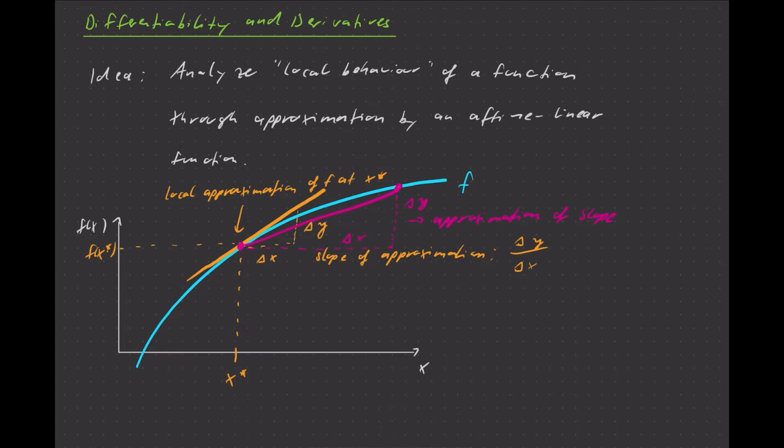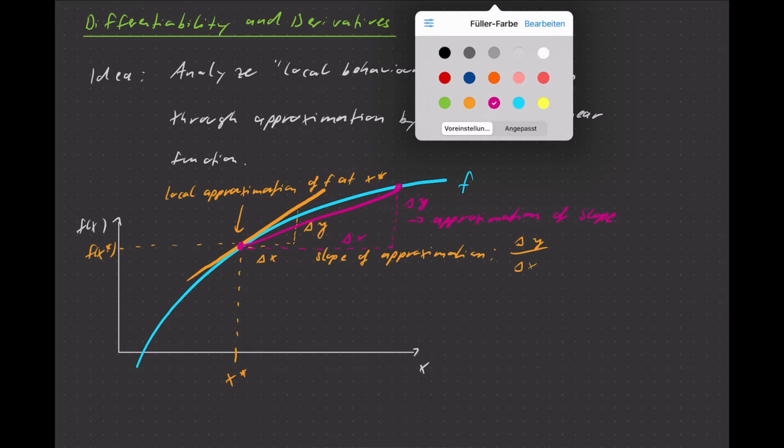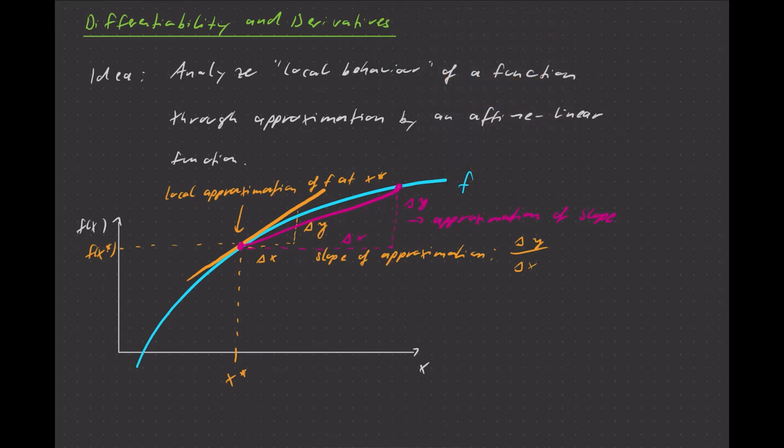So basically we take the limit of the slopes that we get from this red line as this point approaches x star. And that slope will then be called the derivative of the function f at the point x star. And using that derivative and of course the actual function value, we can then later construct the local approximation that we want. So here's the precise definition.